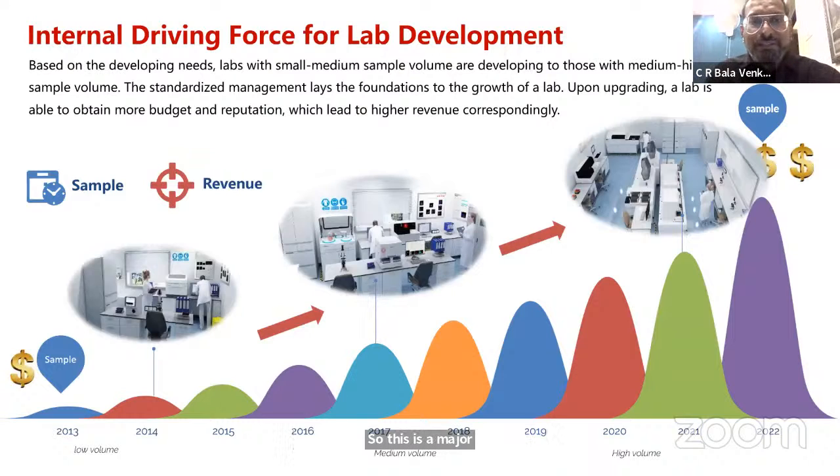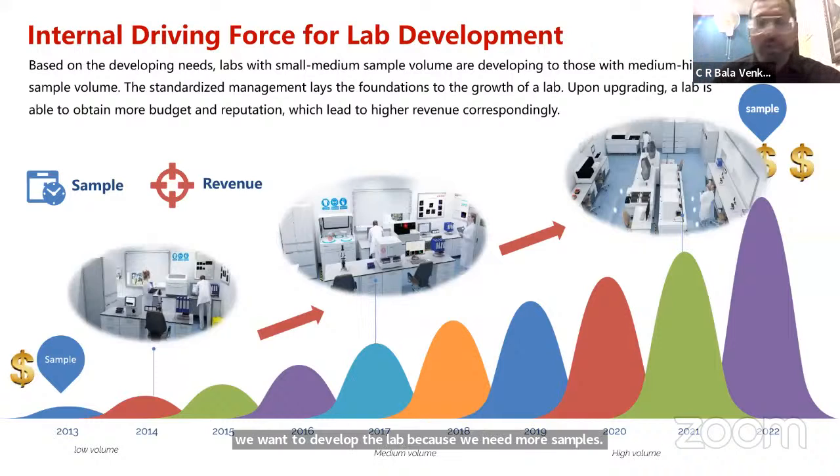And this is the internal driving force for lab development. You can see how we want to develop the lab, because we need more samples, more revenue, or quality outputs. So how to manage? Our development will depend on our quality reports and the trust we get from customers. That development can be from small to medium, medium to high.